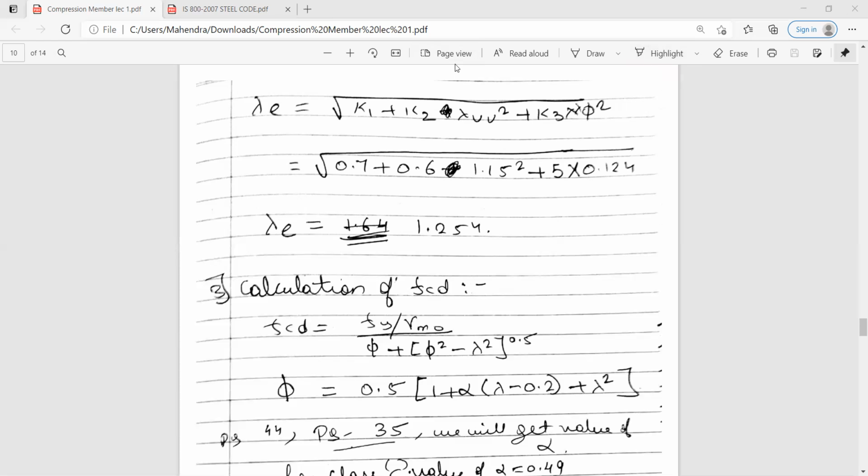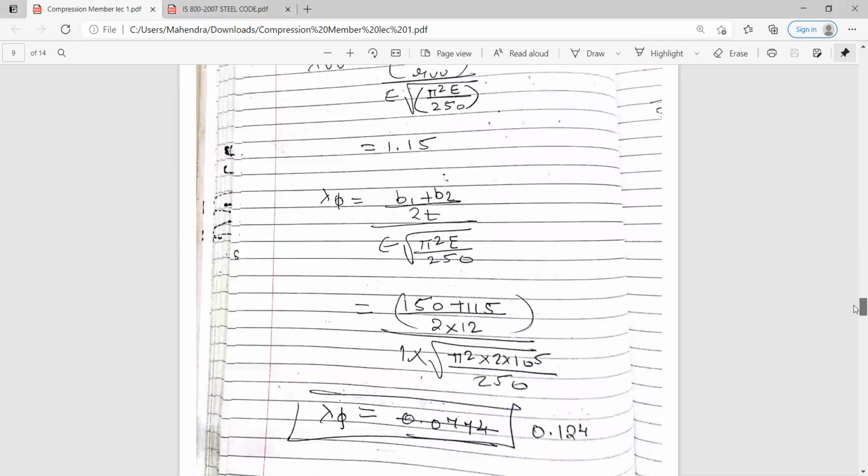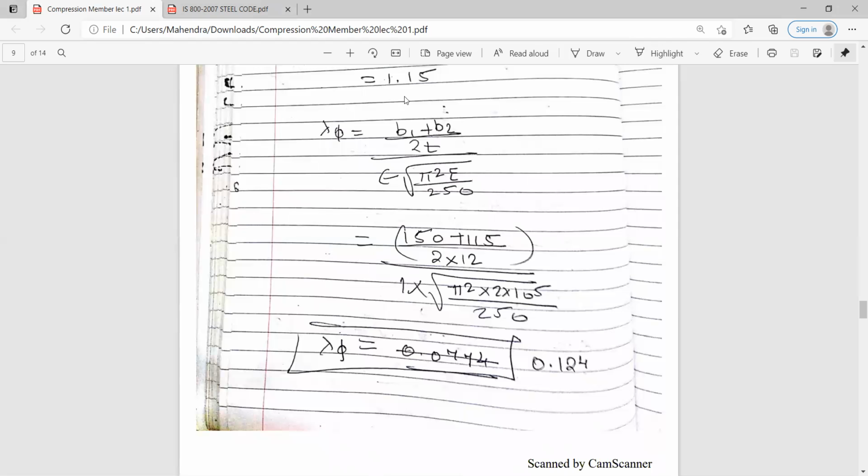So after that you need to calculate FCD. Ma'am, can you please again show lambda phi? Yeah, I will show you. Because I'm not getting the answer. Yes, I will show you. Look, you just calculated this, na, 0.124. Okay, so just a second, ma'am.